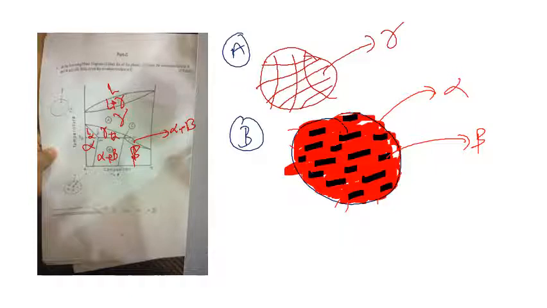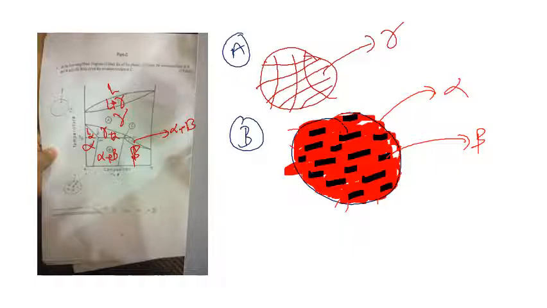If you look carefully at C, there are two possibilities. Above point C, here is gamma plus alpha.